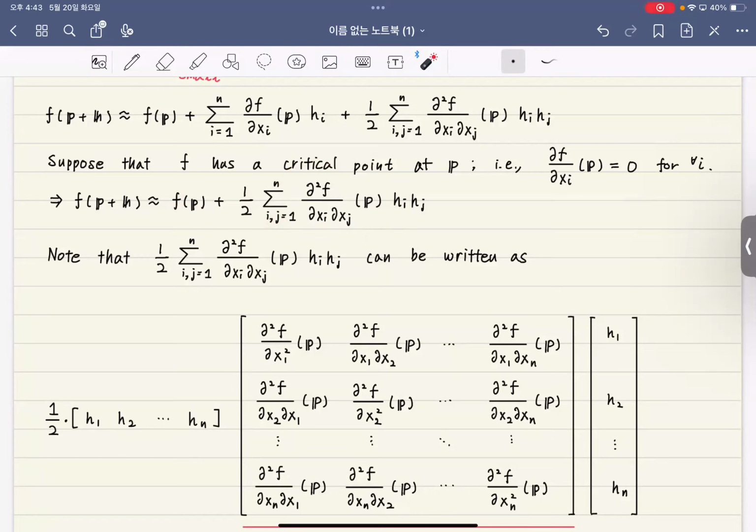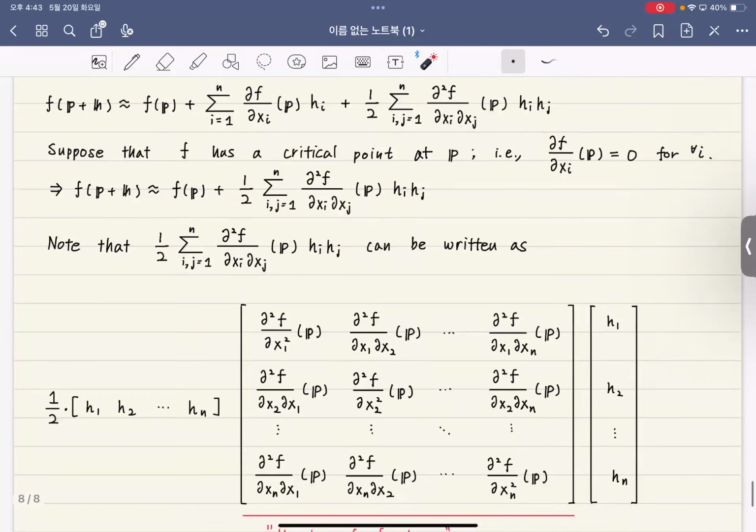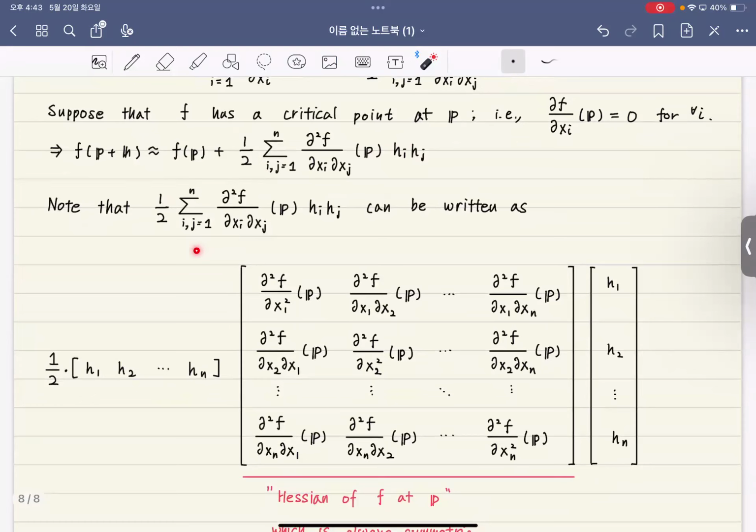Each quadratic polynomial of variables H1 to Hn can be written using matrices. This 1/2 just carries over, and the matrix in the middle contains all possible partial derivatives.